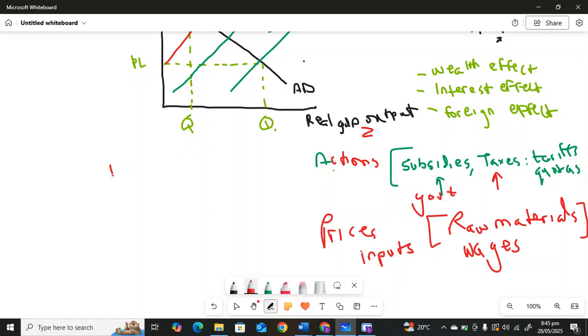Then we have positive and negative shocks or externalities. We have natural disasters, wars, famines, droughts. We had a drought here in Zambia.